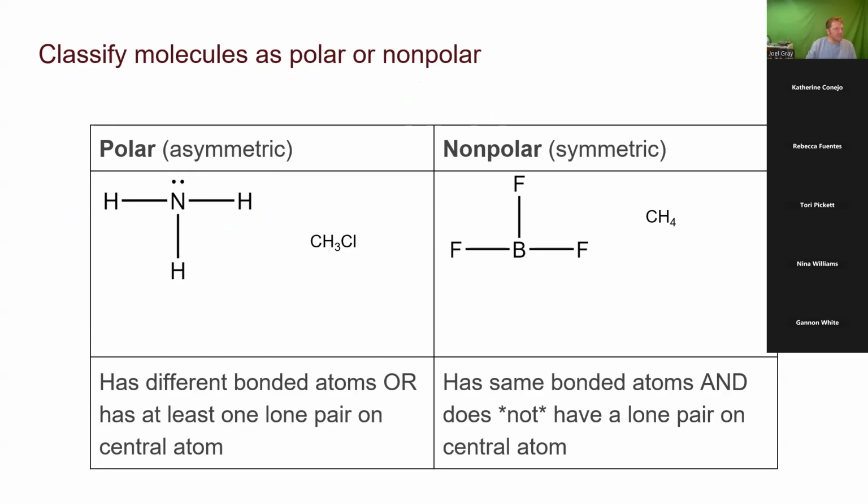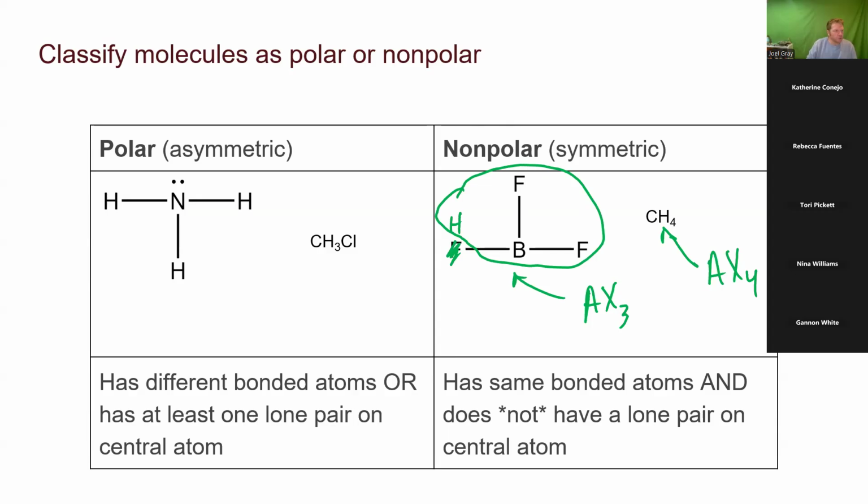Now, BF3 has the same bonded atoms and does not have a lone pair of electrons. This would be AX3. This is AX4. If you switch this from BF3 to this molecule, add to the chat with a P or an N. Does this modification make our molecule P for polar or N for nonpolar?